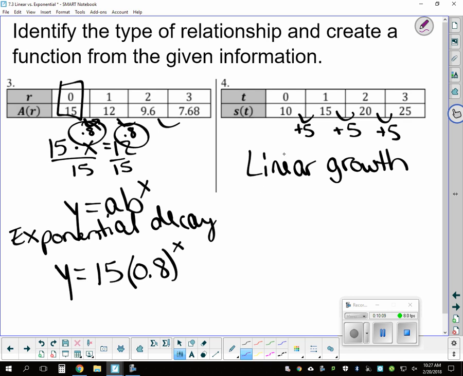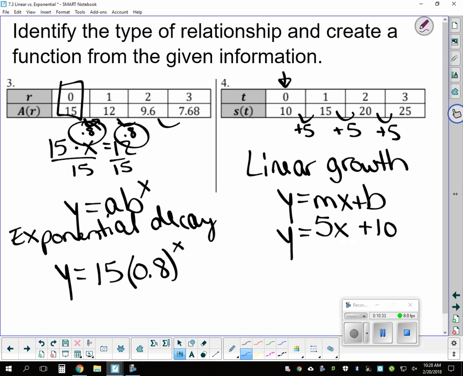Even if it's adding a negative number, and exponential, even if it's multiplying by a fraction. So y equals mx plus b. Y equals your starting point, again, has to be when x is 0, or in this case, t is 0. So your y-intercept is 10. And then what are you doing every time? You're adding 5. So that's your slope. So y equals 5x plus 10.